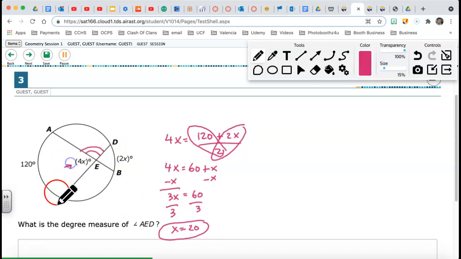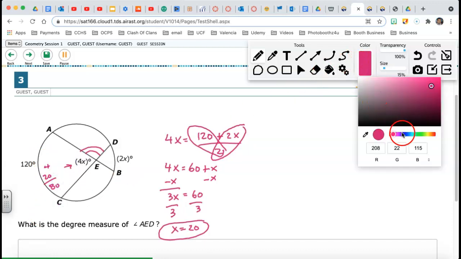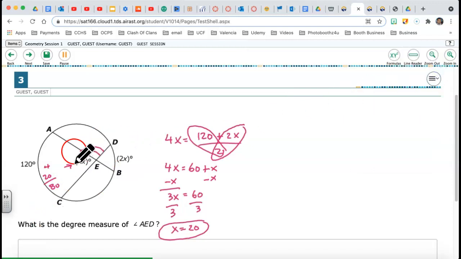So let's find out how much this is. This is 4 times 20, which is 80. So if this angle is 80, and this is a straight line, which means the whole thing is 180, then the other angle, which is AED, has to be 100. 80 plus 100 equals 180.